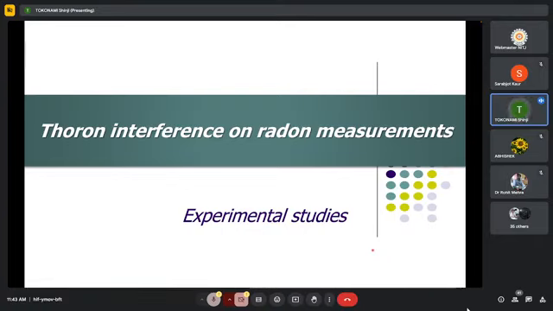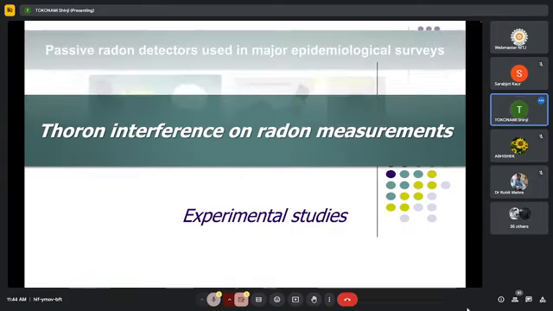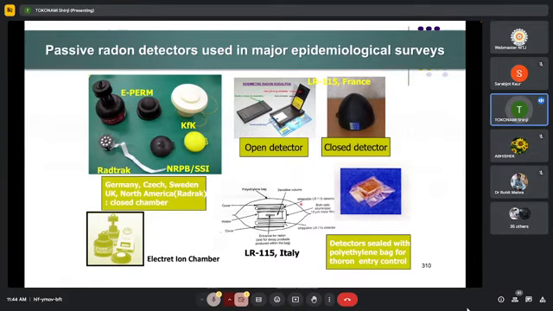Thoron interference on radon measurements: I will introduce this topic based on our experimental studies. As you may know, there are many types of passive radon detectors used in major epidemiological surveys. Here's the EPAM, this is the electret.